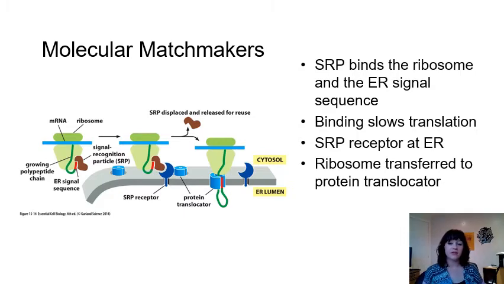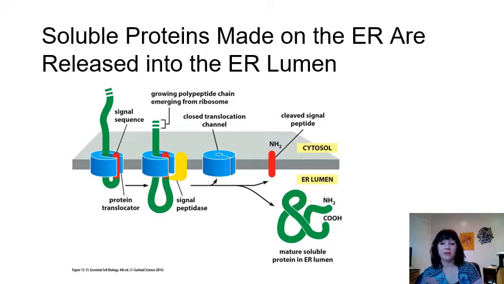That SRP receptor guides the ribosome to the translocator and helps to insert the protein into the ER as it's being made. For some reason, I can't go back on this presentation method, so sorry. I'll try to be more careful.